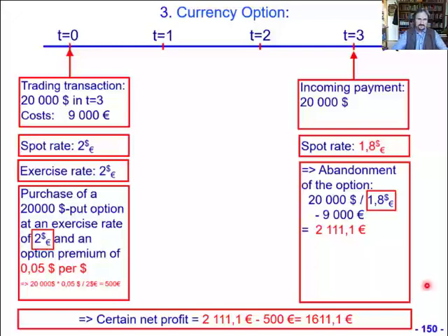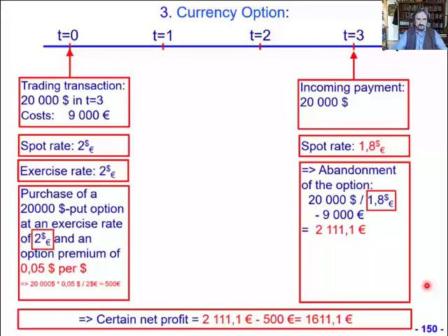So in fact, employing such an option to hedge the exchange rate risk offers the possibility to combine an insurance against the depreciation of the dollar with a speculation for an appreciation of the dollar.